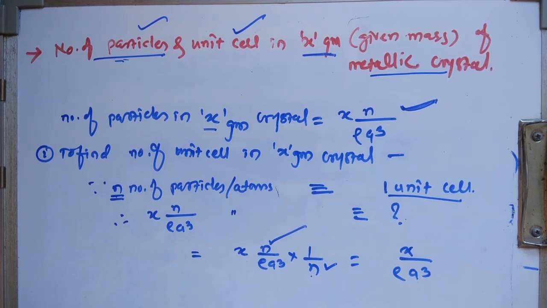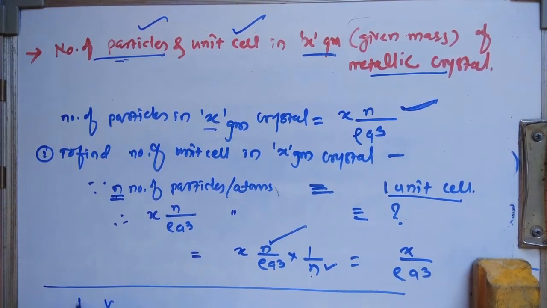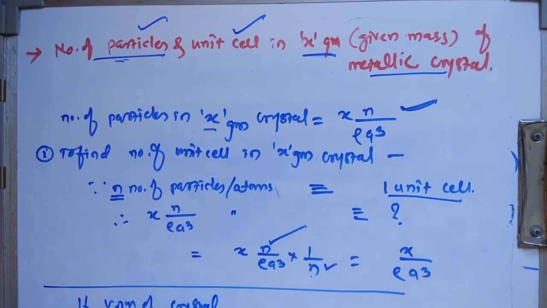Okay. Now in terms of volume, how to find out the number of unit cells? If the volume of the crystal is equal to V units, suppose V units, we know that the volume of a unit cell is equal to a cube.